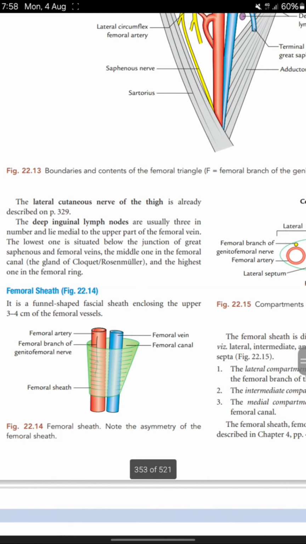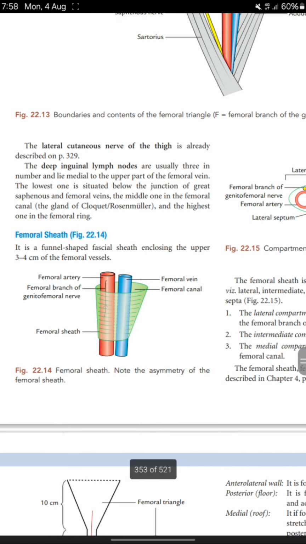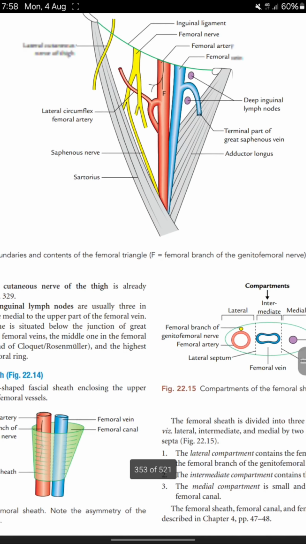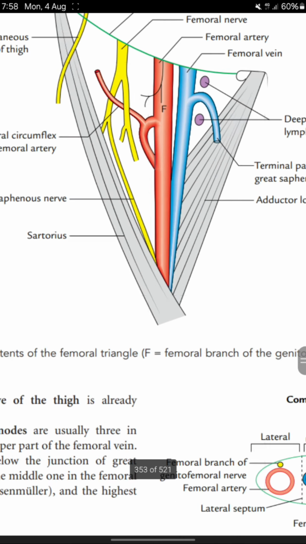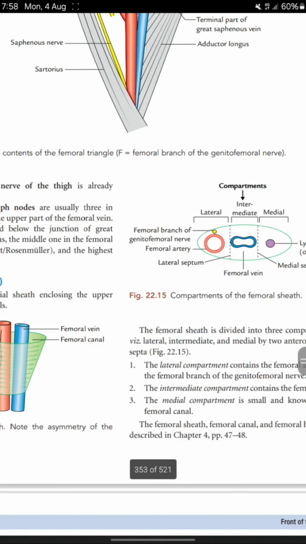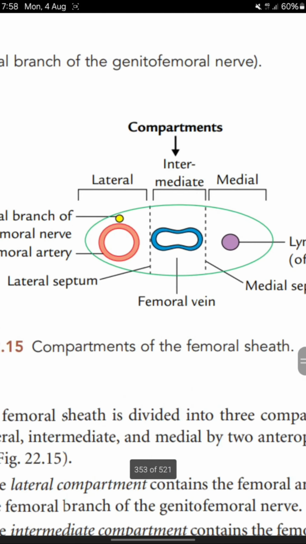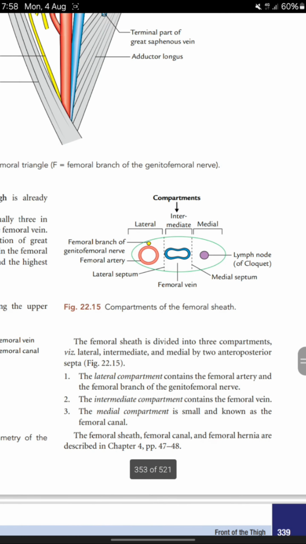Now talking about the femoral sheath. This is a modification of fascia which encloses certain structures in the femoral triangle. It is not shown here, but you can see it separately here. It has three compartments: medialmost compartment, intermediate compartment, and lateral compartment.